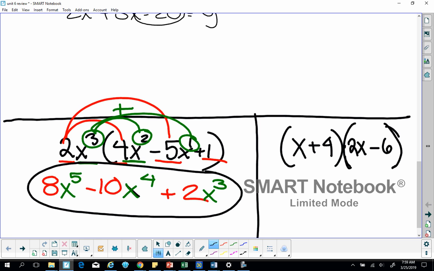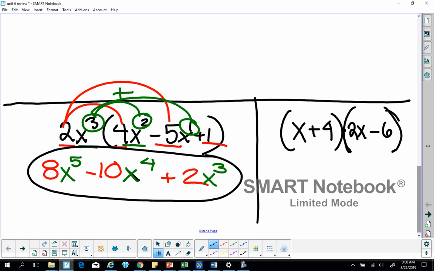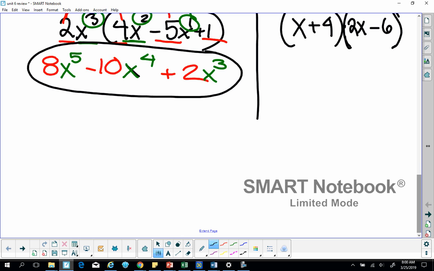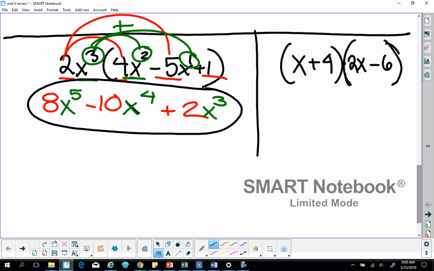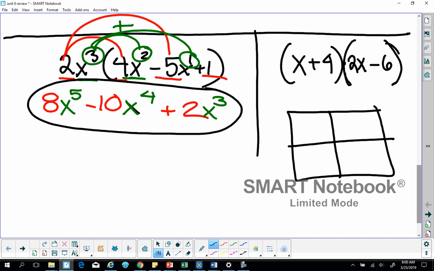All right, last one. You can use box method, distributive property, FOIL, however you want to do it. I'm going to do the box method. So the x plus 4, I'm going to bring right here, x plus 4, and then 2x minus 6. Don't forget to put the sign with the number that goes next to it.